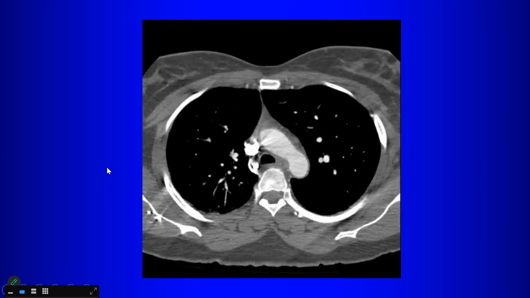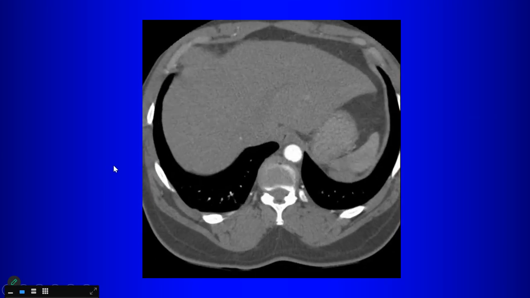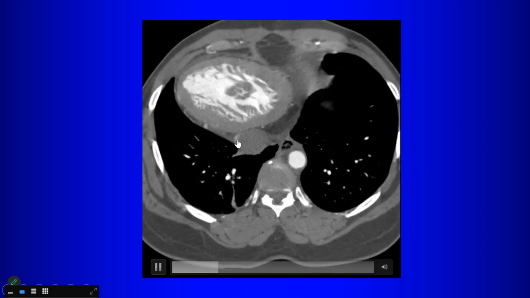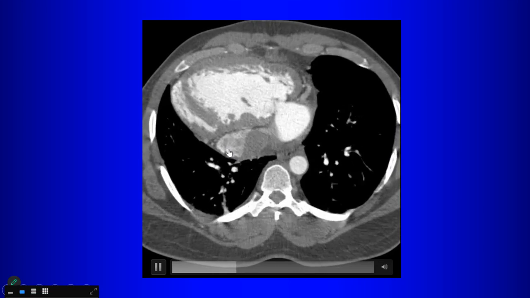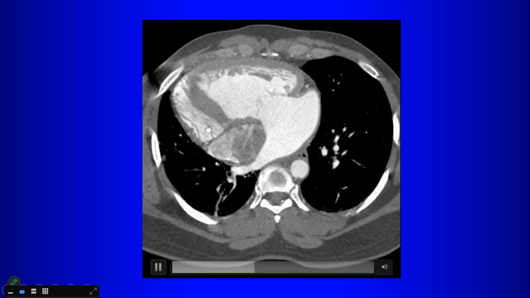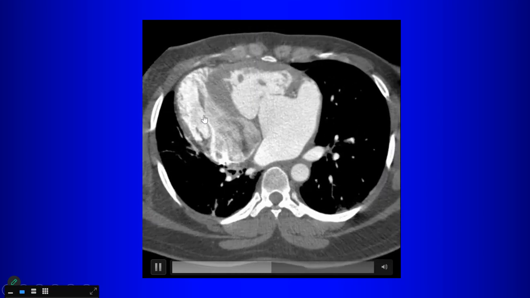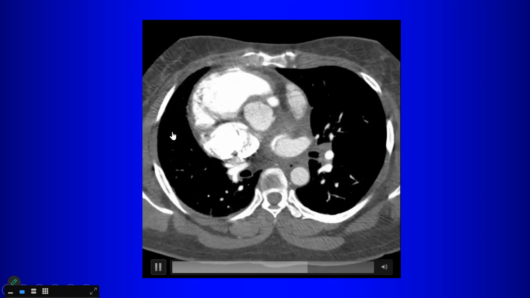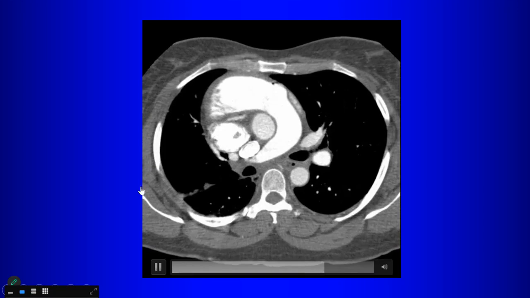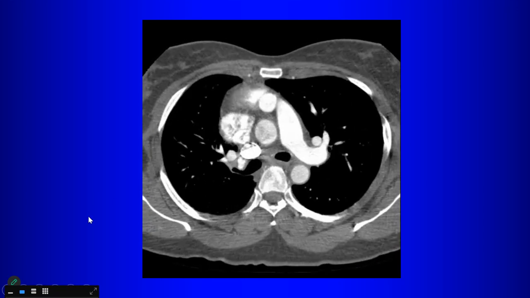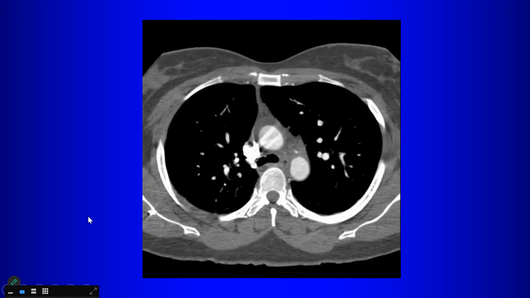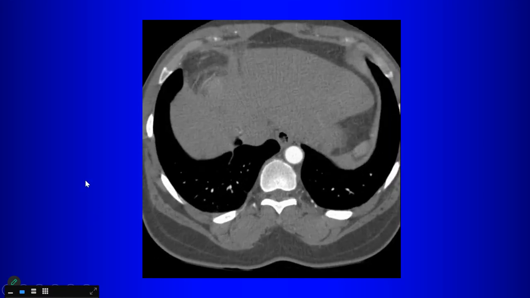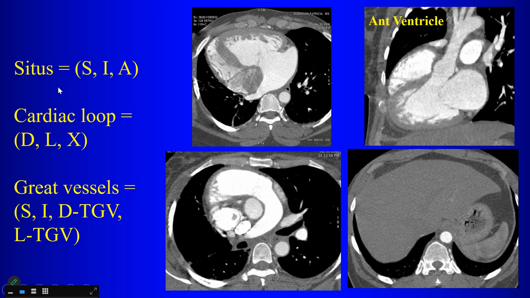And that posterior ventricle that we said was a morphologic right ventricle, this guy over here, is connected to the pulmonary artery. So we have ventricular arterial concordance, okay?